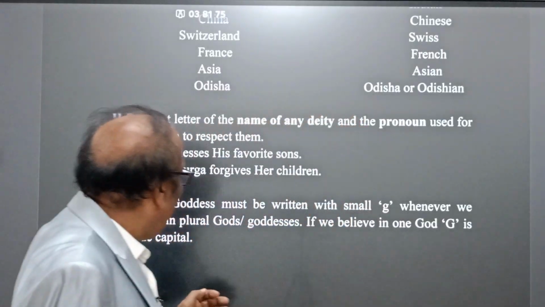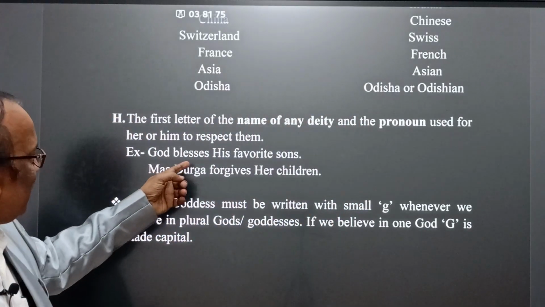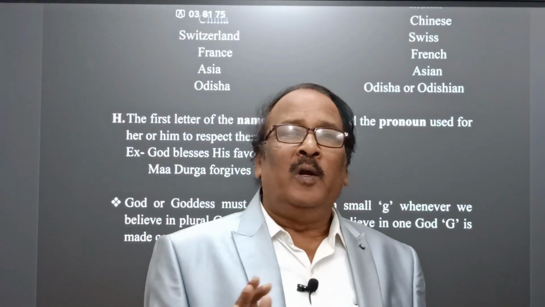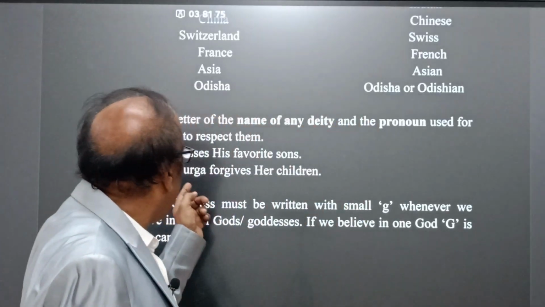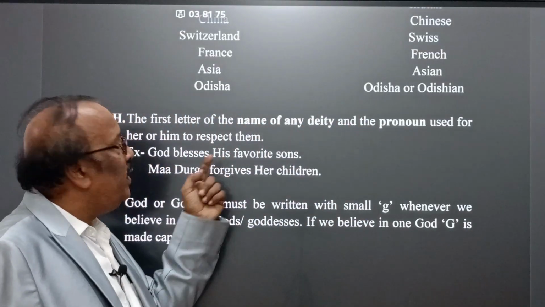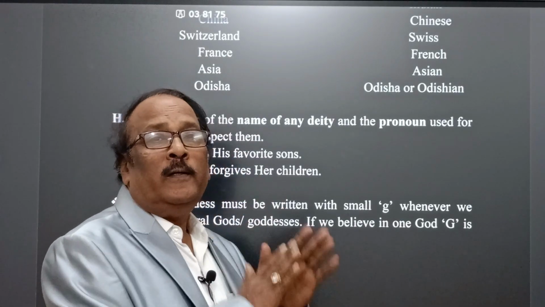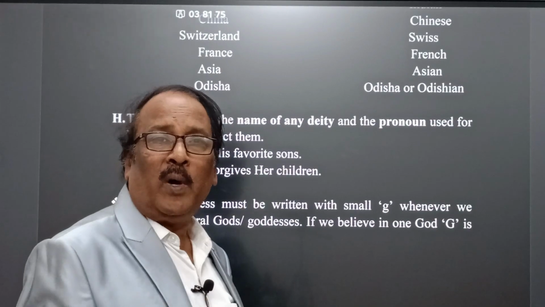And here we find that God blesses his favorite sons naturally. Who has given birth to us or has taken us to this earth also takes care of us. Therefore, it's very natural. Here we find God blesses his sons, mostly due to respect for such supernatural power.